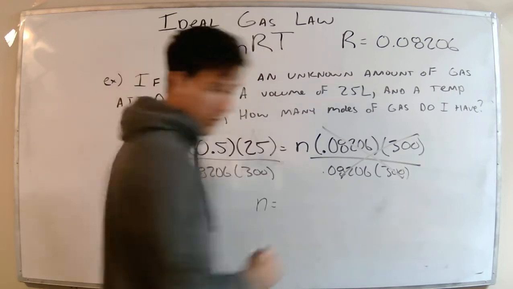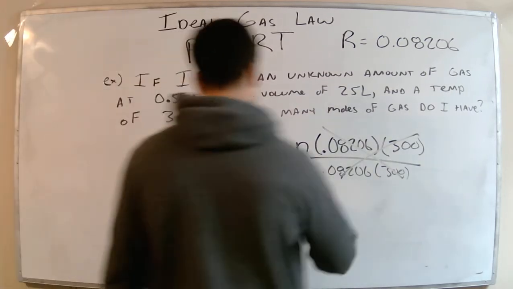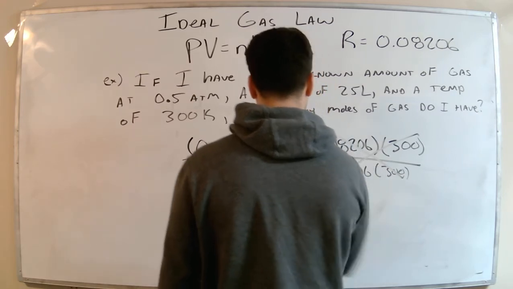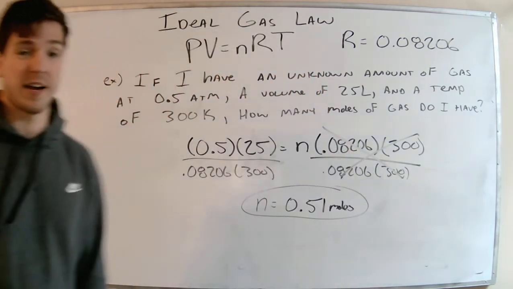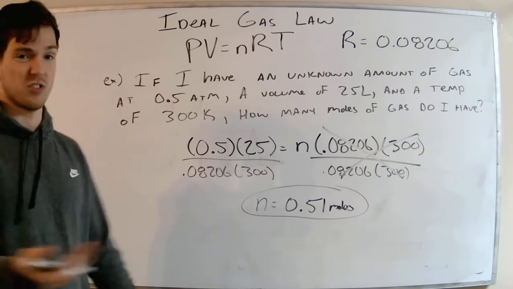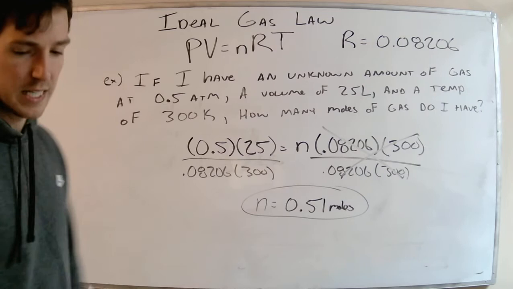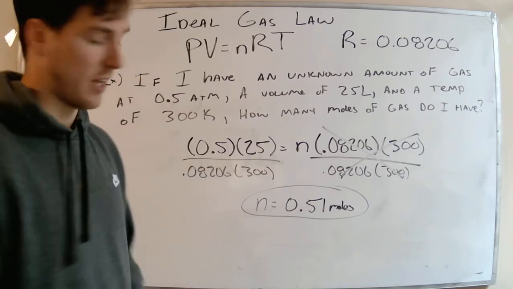What I get is 0.51 essentially. And if I asked for grams, you'd just convert it to grams by multiplying by molar mass. So pretty simple overall, not too terrible.